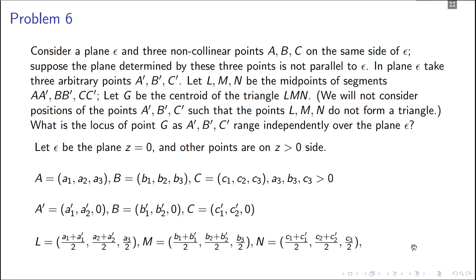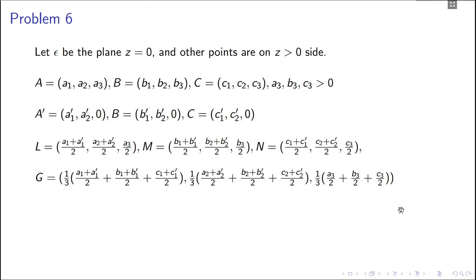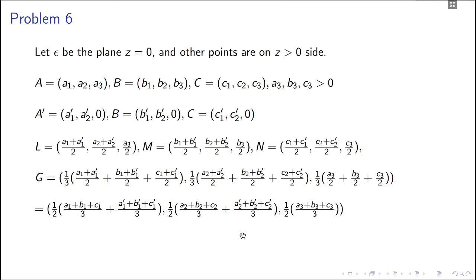So the x coordinate of the centroid is this plus this plus this, and 1/3 of that. The Y component is this plus this plus this, 1/3 of that. The Z component is this plus this plus this, 1/3 of that. You can rearrange it if you want.